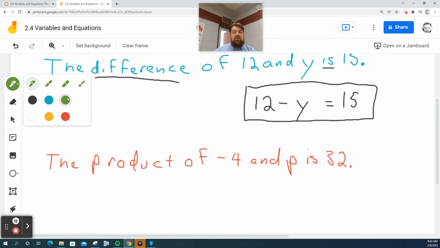Again, if I have is, that means that it equals. What does it equal? 32. Okay. And again, we got to put them in order. Product means what?